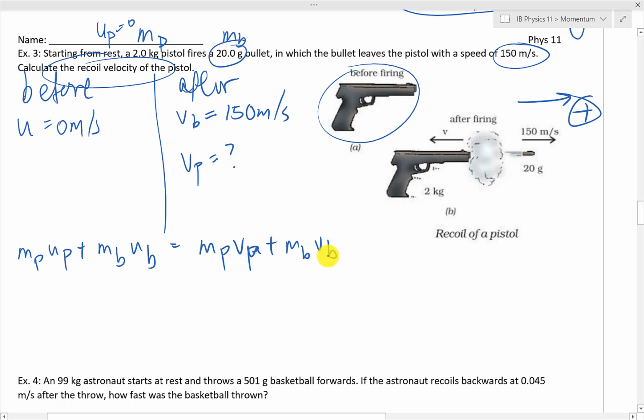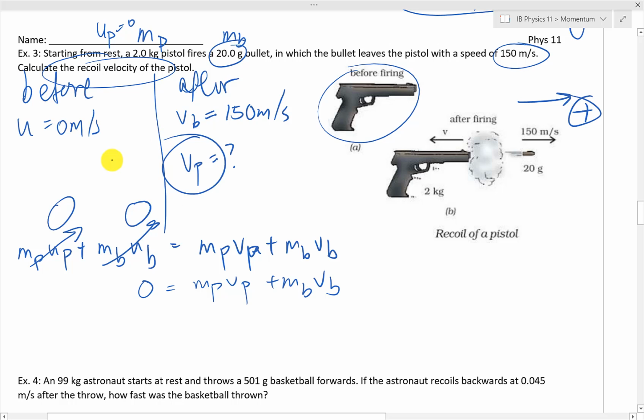Since the initial velocity is 0 before the firing, those become 0. So we're left with 0 equals mass of pistol times velocity of pistol plus mass of bullet times final velocity of bullet. Now we need to solve for the final velocity of the pistol.